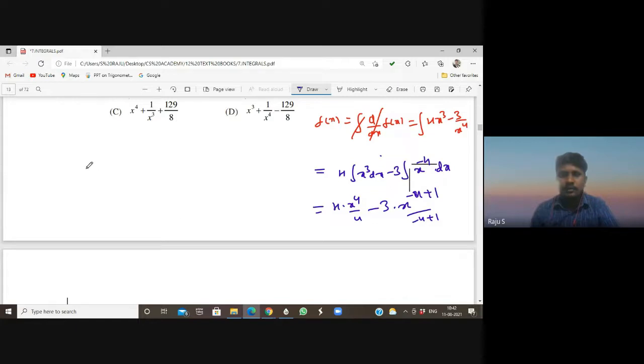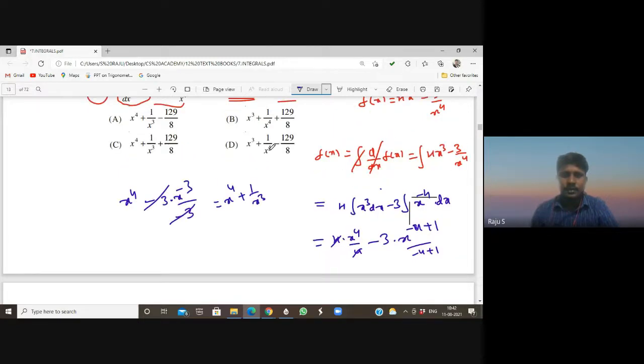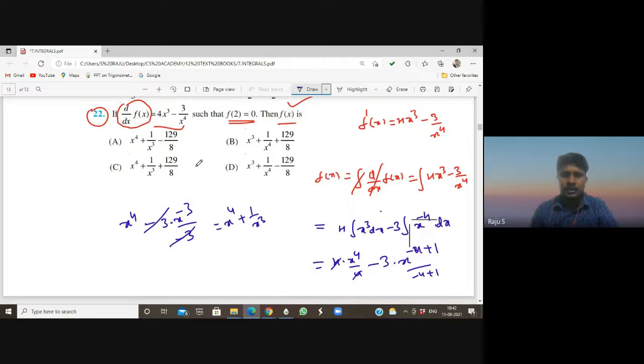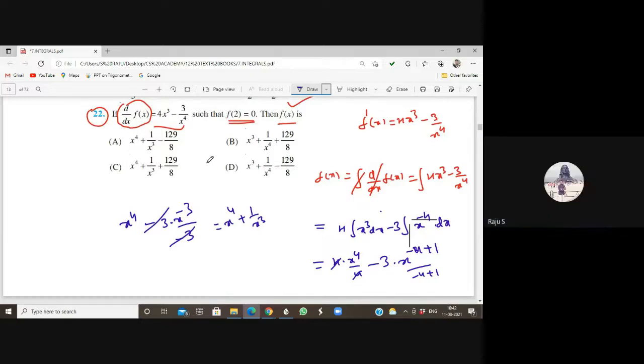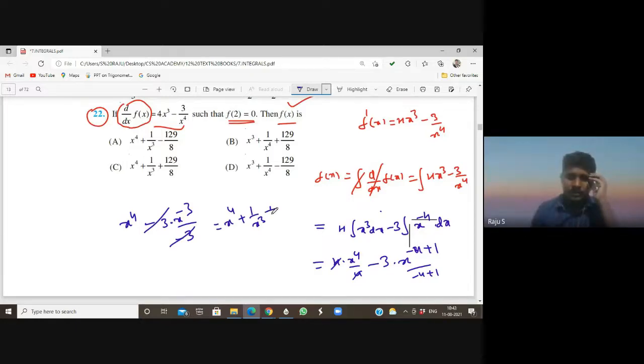This is equal to, 4 cancels, x power 4, minus 3 times x power minus 3 by minus 3. Minus 3 gets cancelled. So this is equal to x power 4 plus 1 by x cube, since x power minus 3 is 1 by x cube. The answer will be, what is the correct one? Plus C you should write.